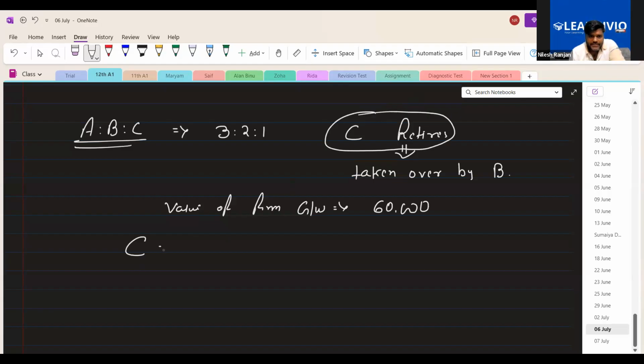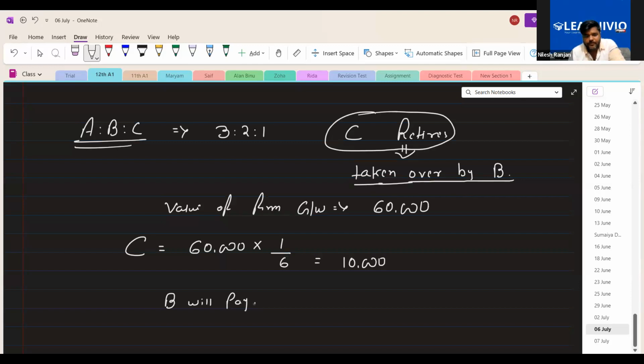So C is getting 60,000 into his share, which is 1/6. So 10,000. And C's share is fully taken over by B, so B will compensate. So the entry will be B's capital account debit to C's capital.